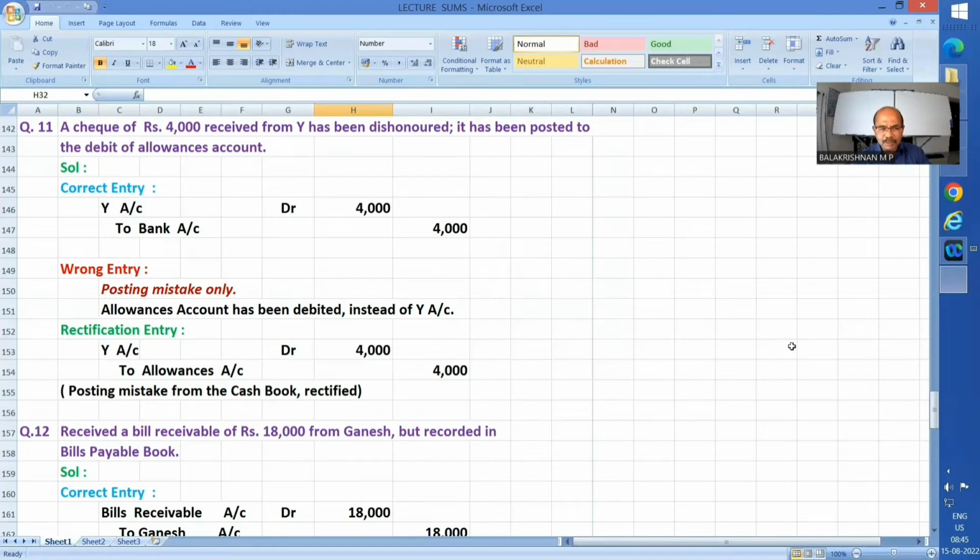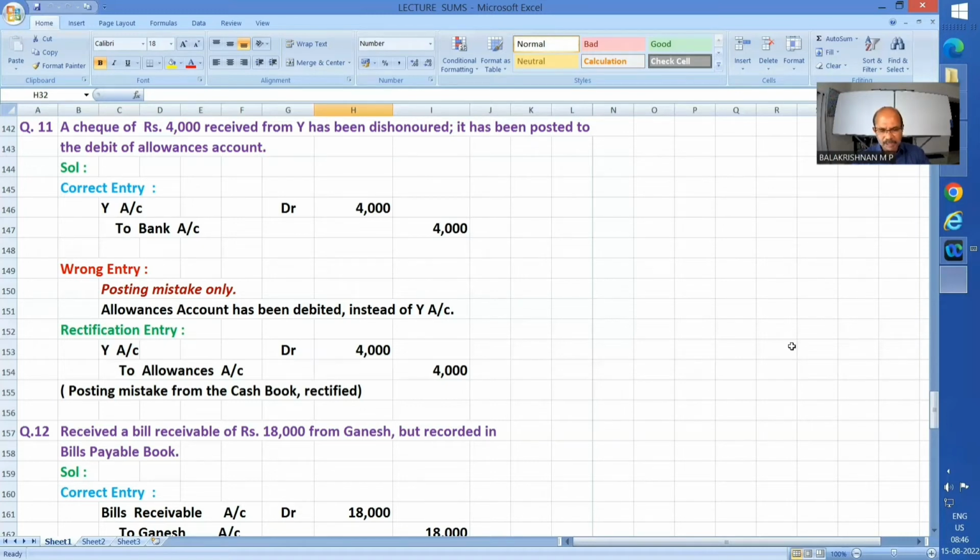They have shown it has been posted only. That means the cash book you have certainly shown by Y. But while posting, a mistake has been made. One account has been operated instead of the proper another account. So what's the wrong account you have debited here? Allowances account. What should have been debited instead? Y account. So debit Y account and credit the wrong account you have shown, that is allowances account. So Y account debtor to allowances account will rectify the mistake.